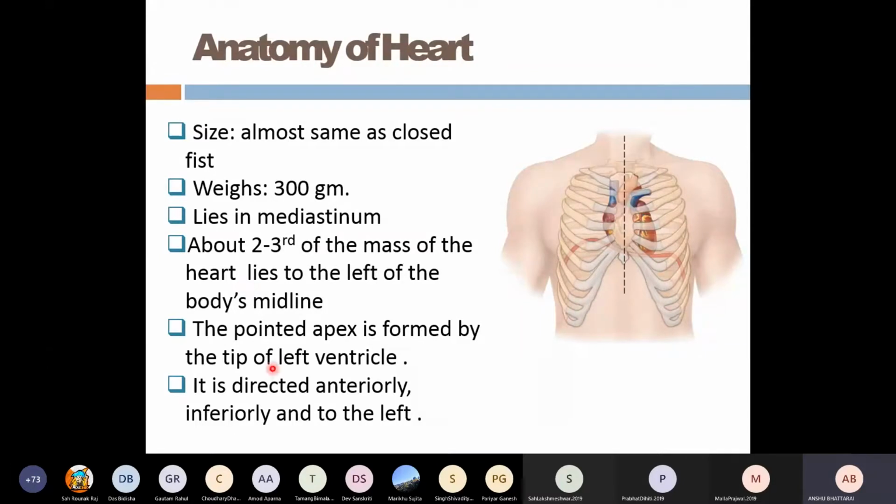The pointed apex is formed by the tip of the left ventricle. I'm sure in anatomy you have learned about the apex and the base of the heart. The tip of the left ventricle forms the pointed apex, and it is directed anteriorly, inferiorly, and to the left. In physiology, these are the things that you have to remember.